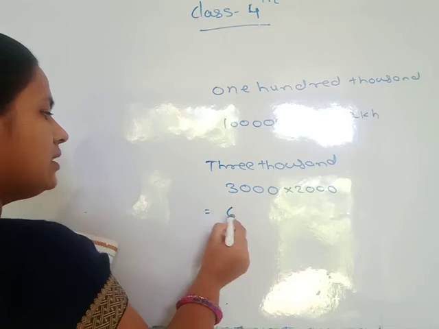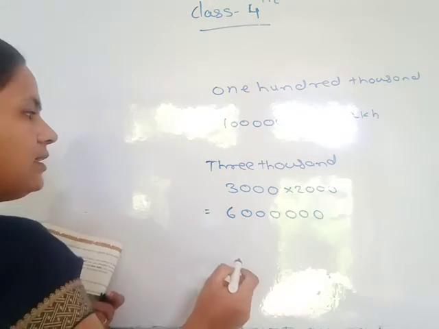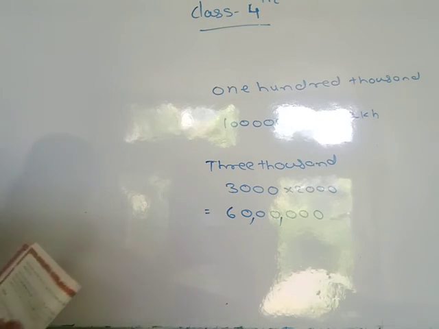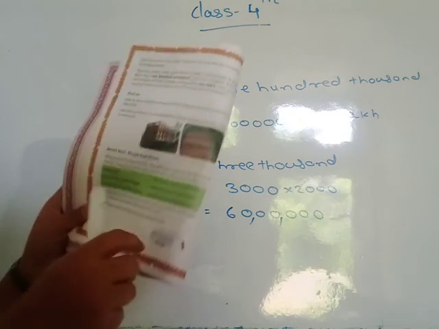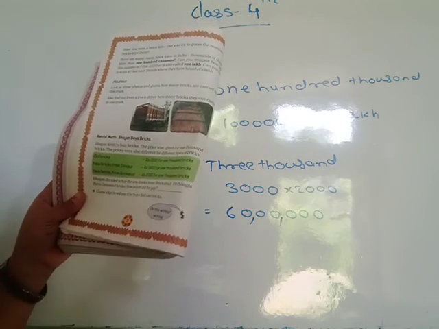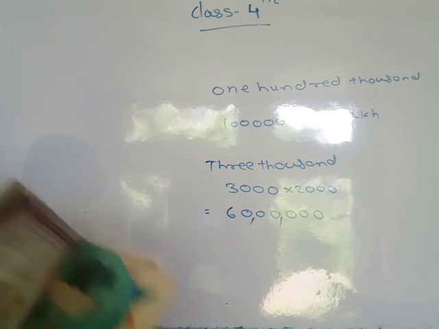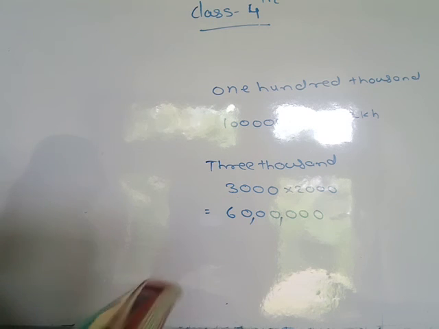Then 3 twos are 6, and this is 60, which means the answer is 60 lakh. 60 lakh means he paid that many rupees. Then this first chapter, Building with Bricks, is completed. Okay, bye.